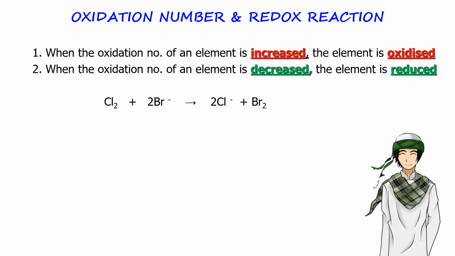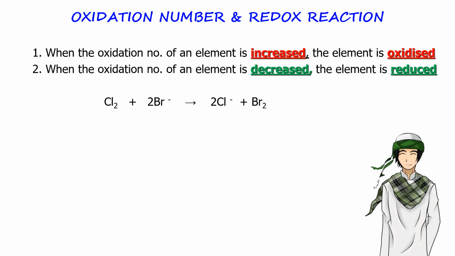For example, you have chlorine Cl2 plus 2 Br minus produced to 2 chlorine ion plus bromine. Whatever it is, you need to find out the oxidation number to solve this problem, in order to make sure you can identify which element will undergo oxidation or reduction.